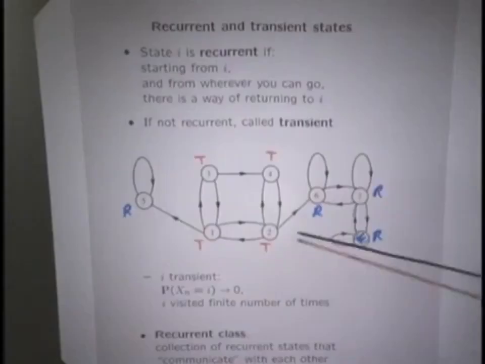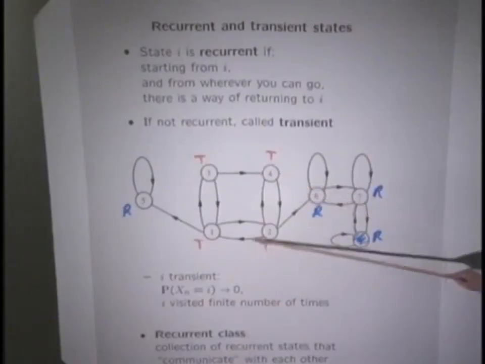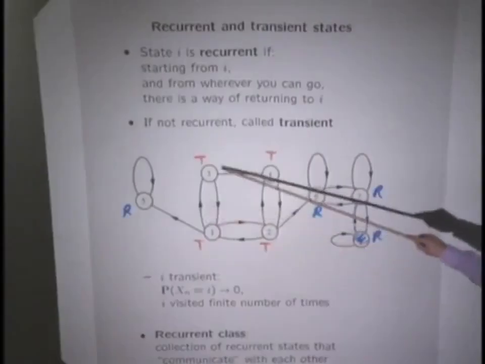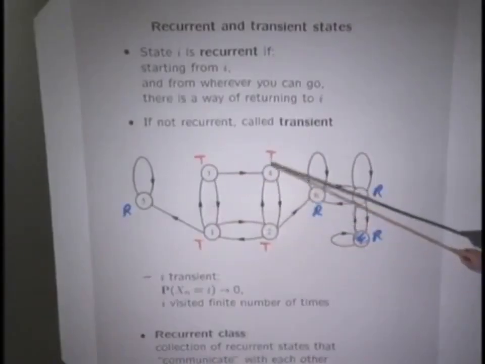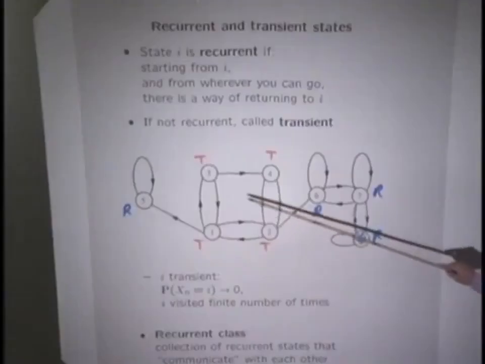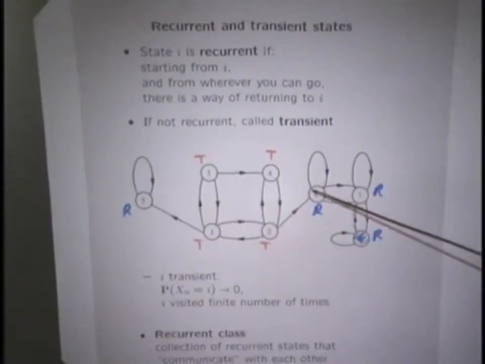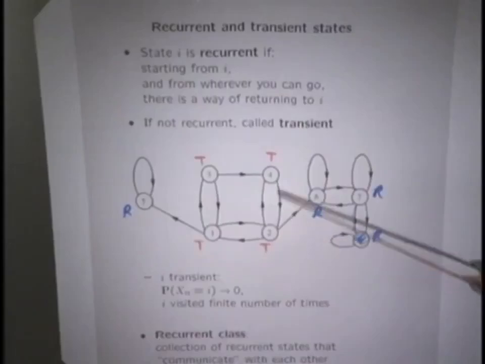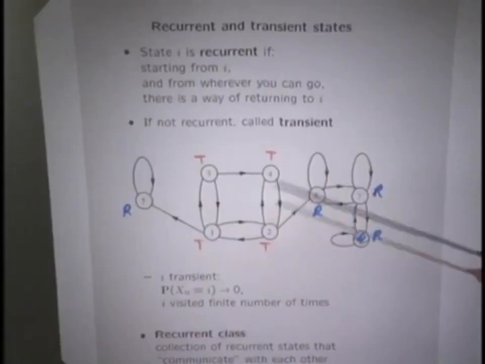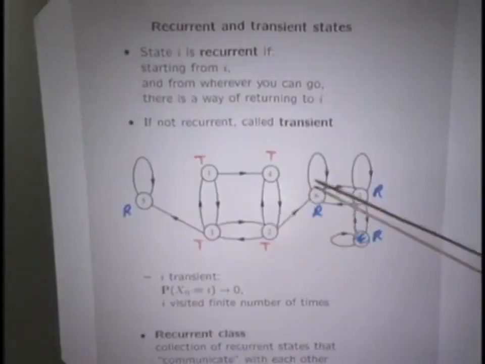So let's see, in this diagram, if I start here, could I stay in this lump of states forever? Well, as long as I'm staying in this lump of states, I will keep visiting states 1 and 2. Each time that I visit state 2, there's going to be a positive probability that I escape. So in the long run, if I were to stay here, I would visit state 2 an infinite number of times, and I would get infinite chances to escape.